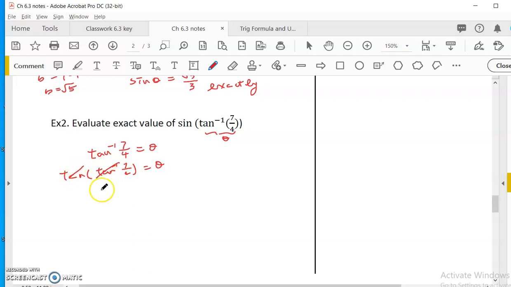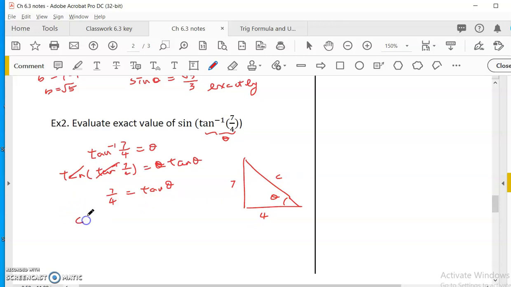So tangent theta is equal to 7/4, right? And then we can draw the right triangle. Theta has opposite 7 and adjacent 4, and we have c missing.